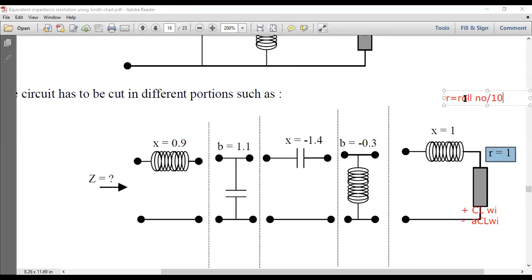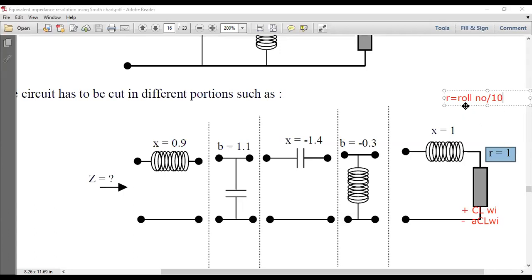If my roll number is 20, then 20 by 10, my R value is 2. If it is 70, my R value will be 7. If it is 56, it is 5.6. If it is 11, it is 1.1.